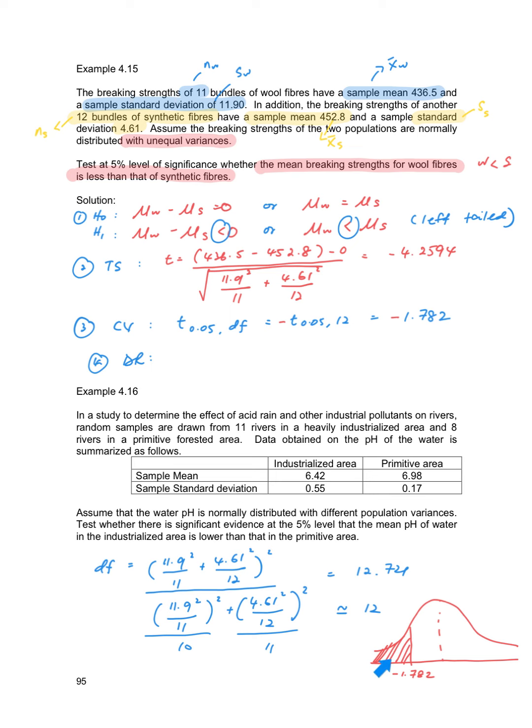Now look at your test statistic value. We get negative 4.2594, which falls in the rejection region. So we can write the decision rule as: reject H0 if the test statistic is less than the negative critical value.